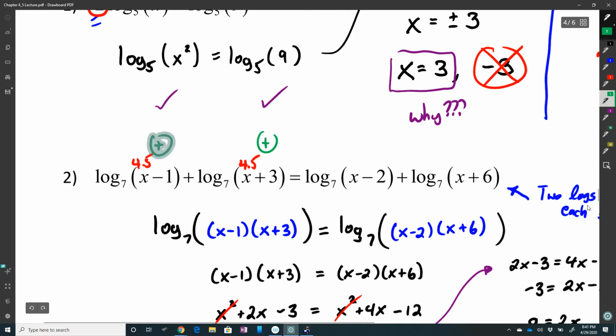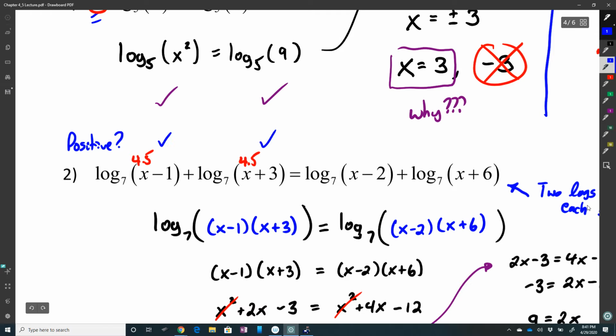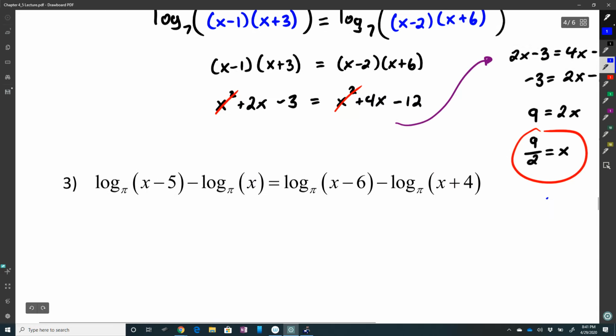I'll just put check marks. Remember, we're checking to see if it's positive. So 4.5 minus 1 is positive. 4.5 plus 3 is positive. 4.5 minus 2 is positive. 4.5 plus 6 is positive. Since all of those are positive, then yes, this is a solution.